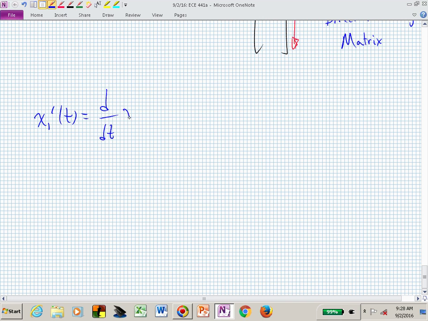This is now the first derivative of x1, but that's just the first derivative of z1, which was z1 prime, and can we write z1 prime in terms of x's and u's? Yes. This is just x sub 2.